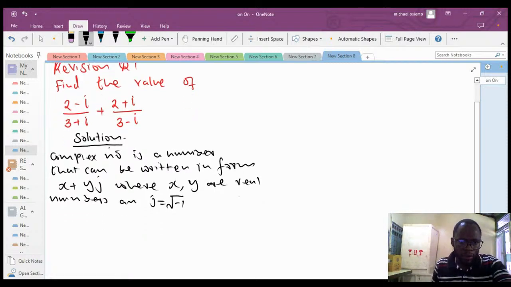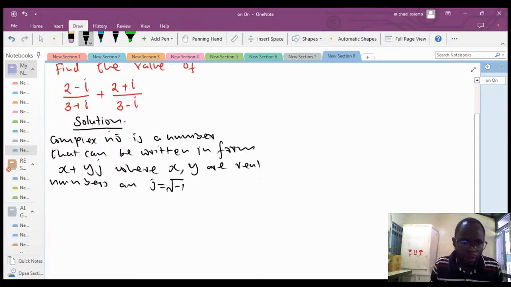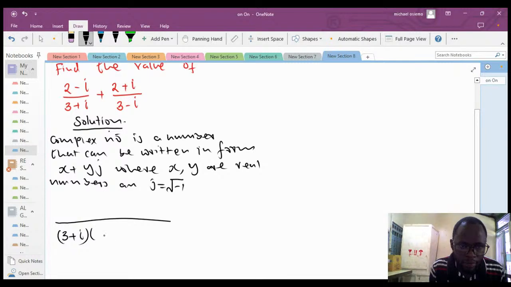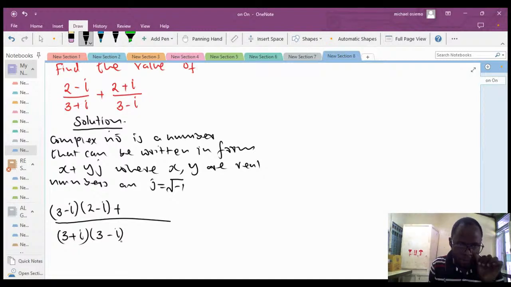We can find the LCM of 3 plus I and 3 minus I. Definitely, the LCM will be the product of the two denominators, 3 plus I and 3 minus I. If I divide the LCM by 3 plus I, I remain with 3 minus I, and this 3 minus I multiplies the numerator, 2 minus I. Then plus, if I divide the LCM by the denominator 3 minus I.